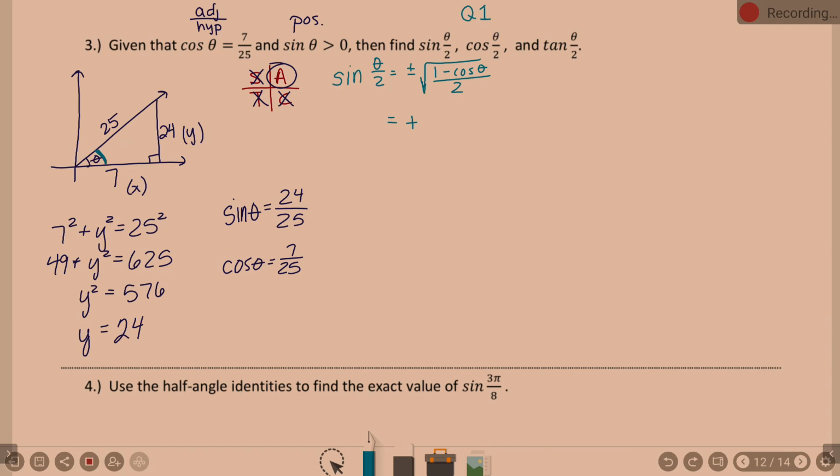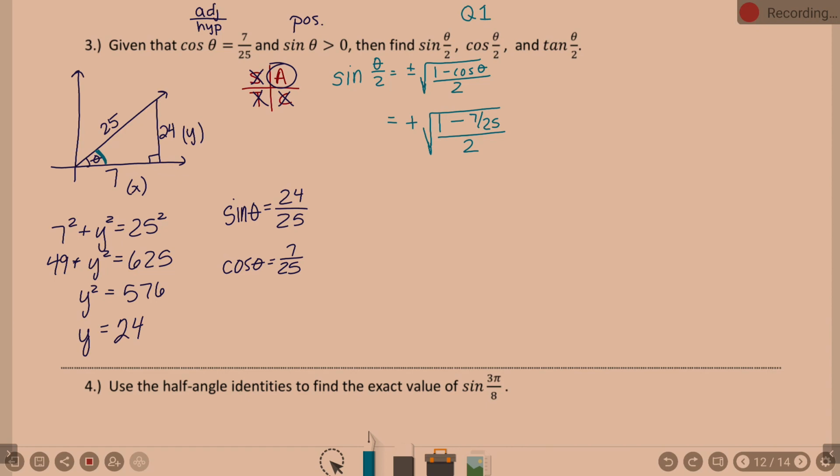So you can drop the plus and minus and just realize it's going to be positive. 1 minus, what are we using for cosine of theta? 7 over 25. Provided with 7 over 25. And then all over the denominator of 2 and all under the radical.